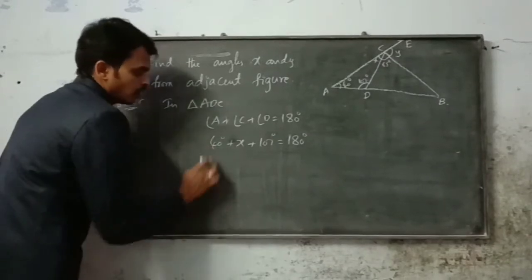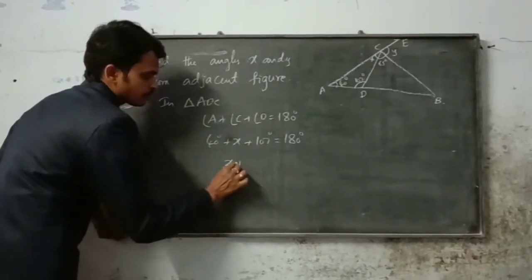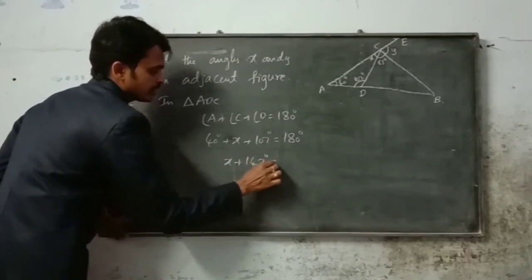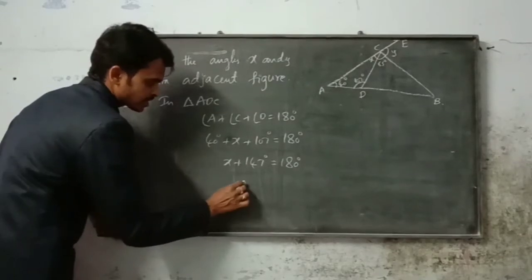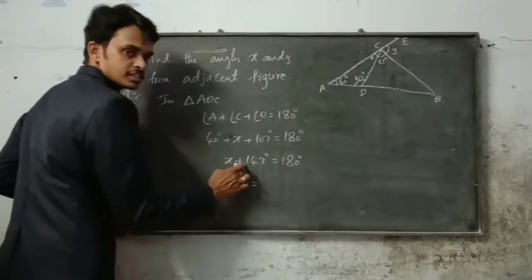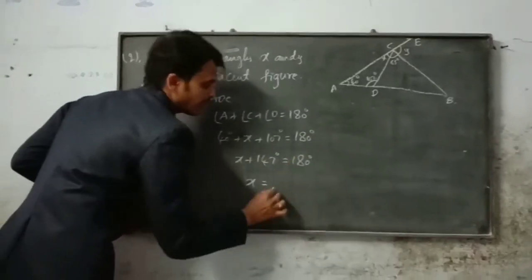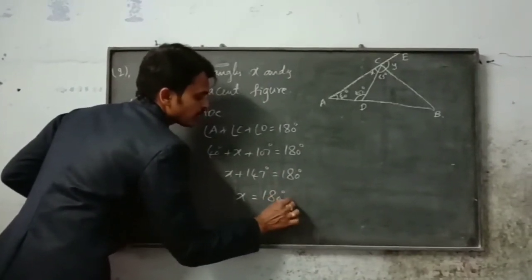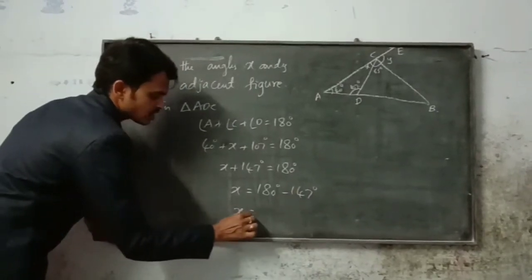Now 40 plus 107, we should add: x plus 147 degrees is equal to 180 degrees. Now x is equal to 180 minus 147 degrees, transposing from LHS to RHS, plus becomes minus.